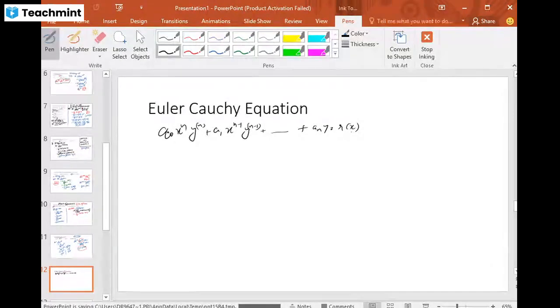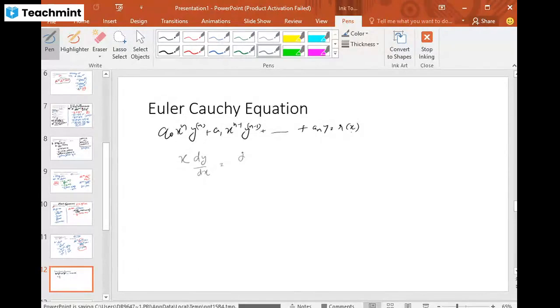In this case we need to do only one additional step to convert this equation into a differential equation with constant coefficient. Now how do we convert this? Just imagine the simple one, x dy/dx. The power of x is 1, the order of derivative is 1. So I want to remove this x from here.